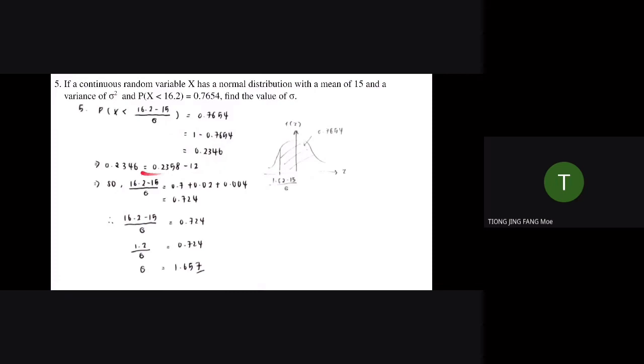Now from the standard normal distribution table, we can find that 0.724 is equal to 0.2346, and now we can find the standard deviation, and the final answer is 1.657. Yes.